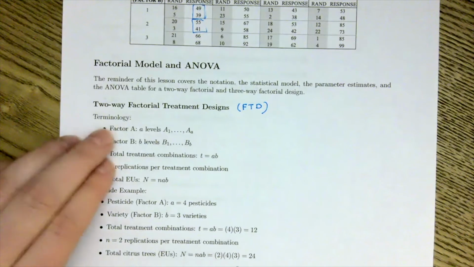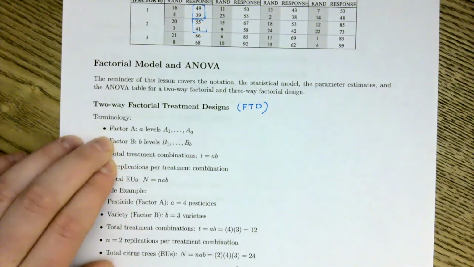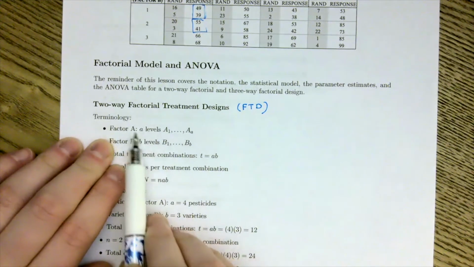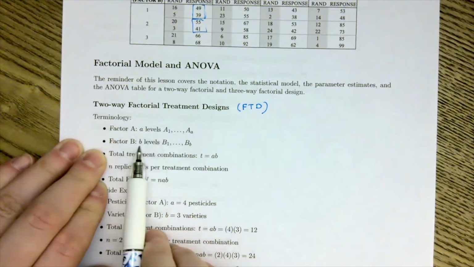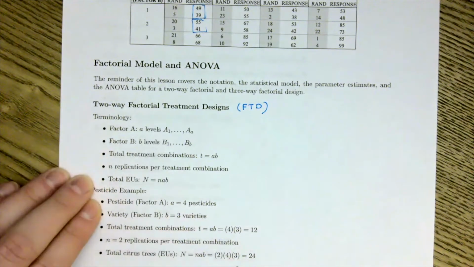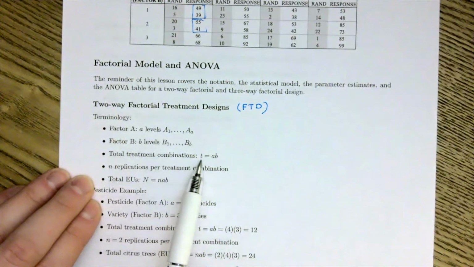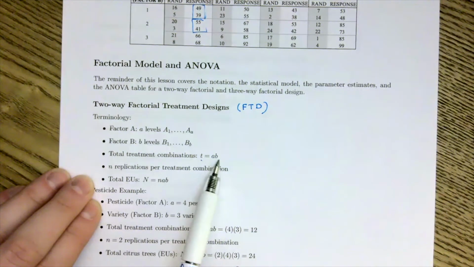But we're going to call them factor A and factor B, where factor A is going to have lowercase a levels, and factor B will have lowercase b number of levels.